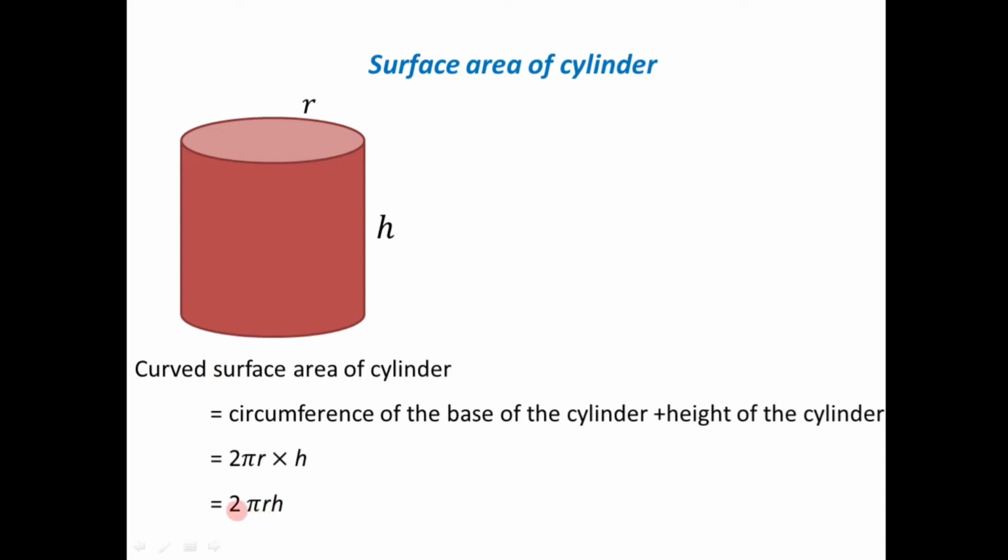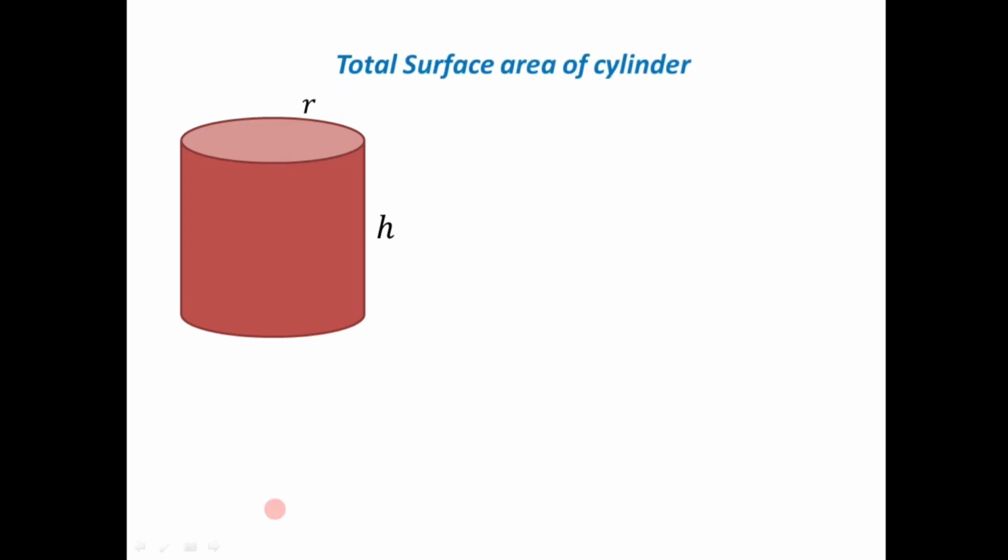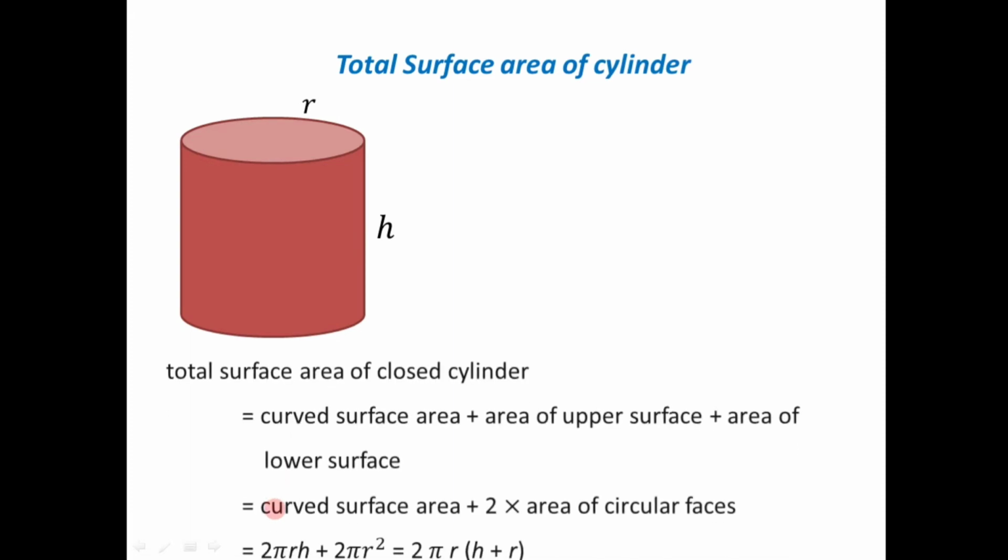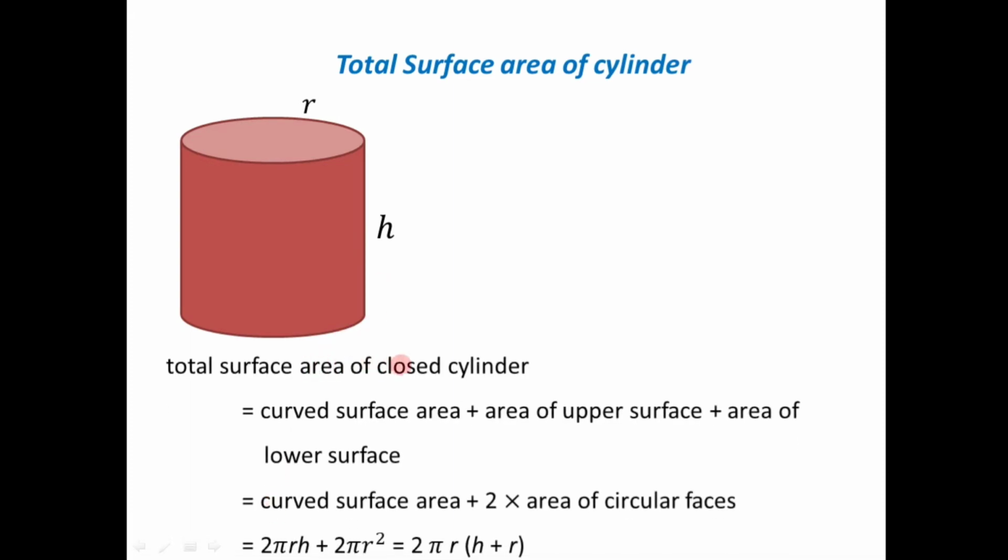We can find it by the formula 2 pi r h, where r is the radius and h is the height. Now we have the total surface area of the cylinder. If we add the areas of two circular bases to the curved surface area of the cylinder, we get the total surface area. So the total surface area of a cylinder is equal to curved surface area plus area of upper surface plus area of lower surface.